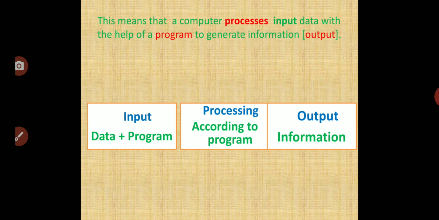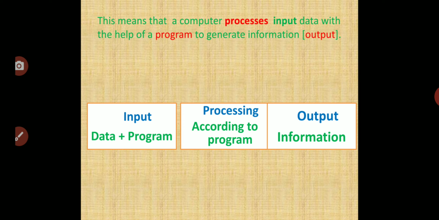This means that a computer processes input data with the help of a program to generate the information, output. Now see, input means data plus program. Data means with the help of keyboard or a mouse. Now processing means according to the program, whatever you press goes to the CPU box.